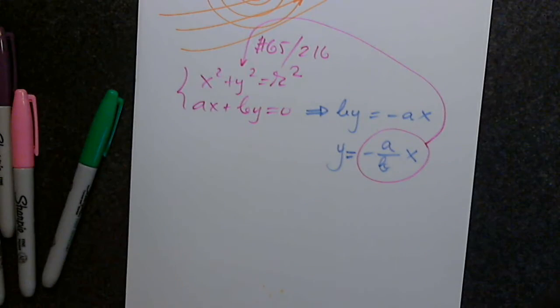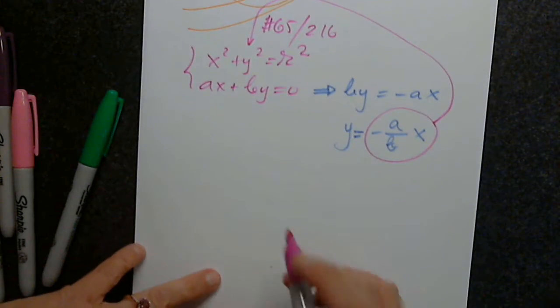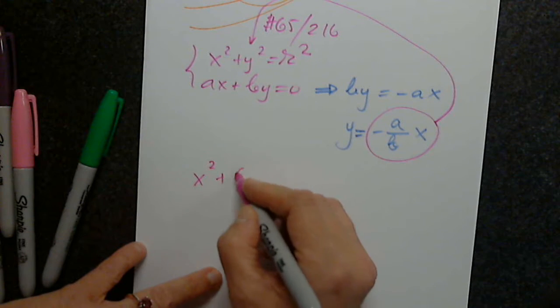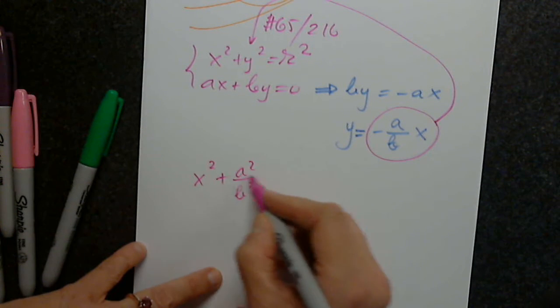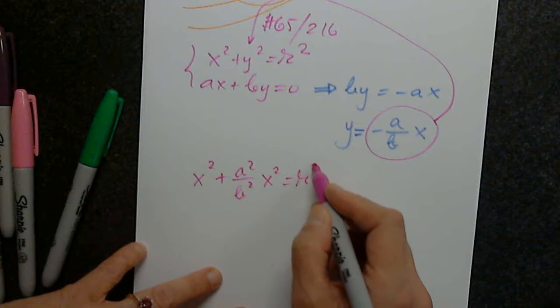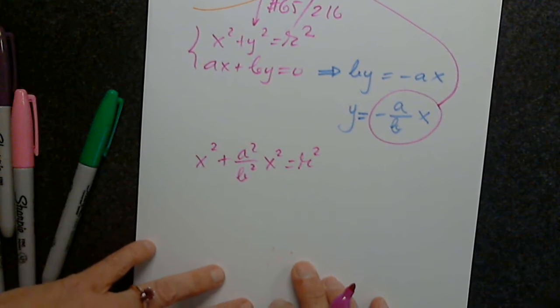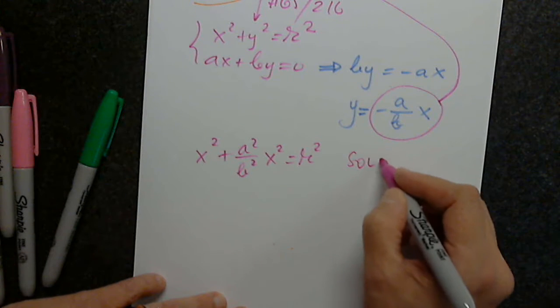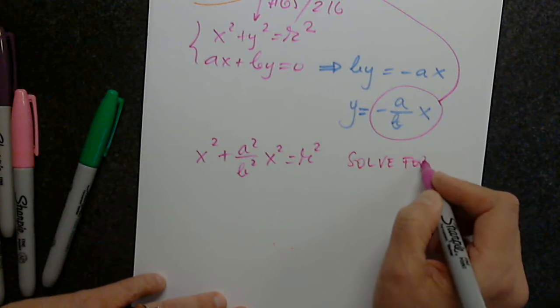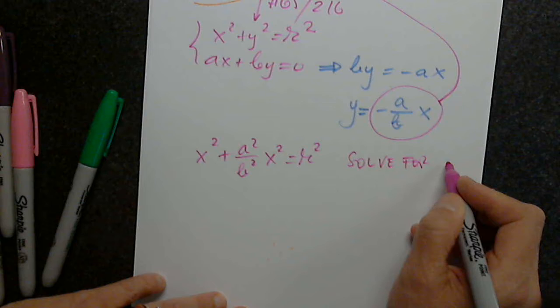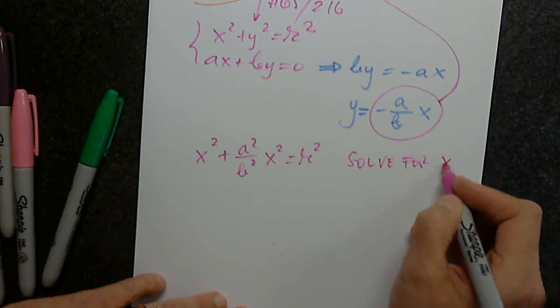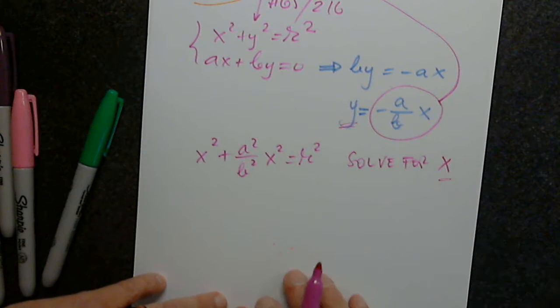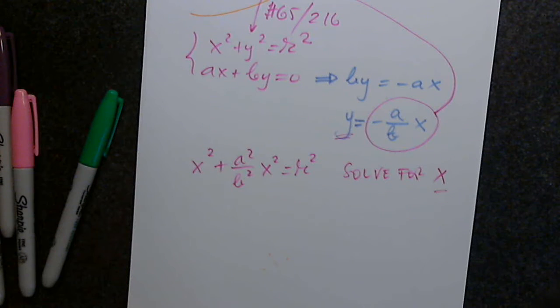Plug it in the first equation. Absolutely. So I have x squared plus a squared over b squared times x squared equals r squared. Remember, now I want to solve for x. I have y. I have to solve for x. A, b, and r are just constants.